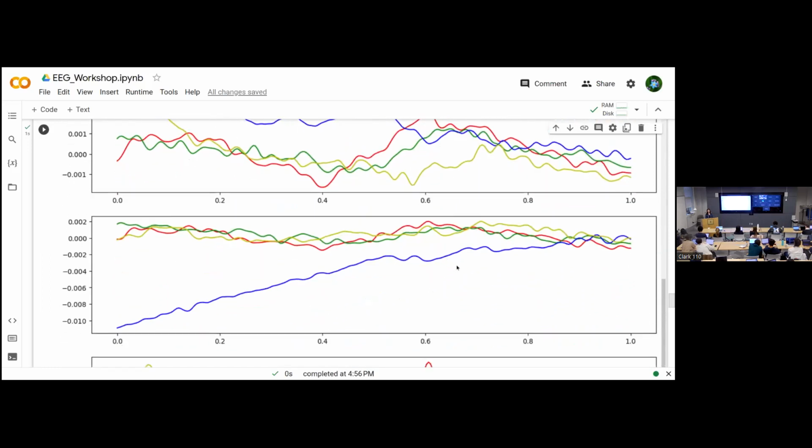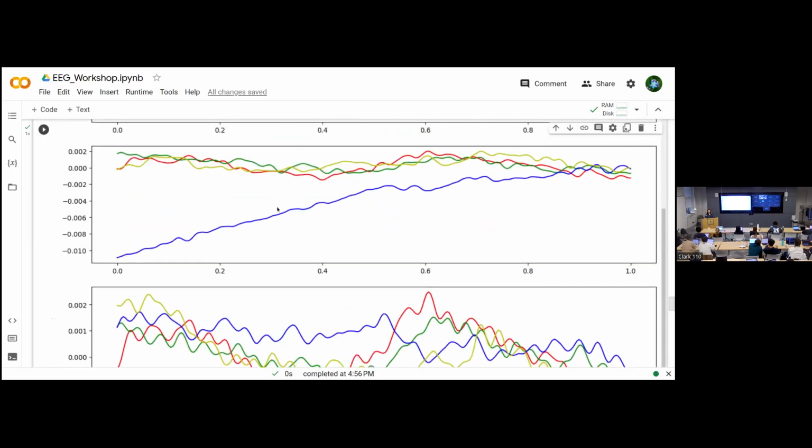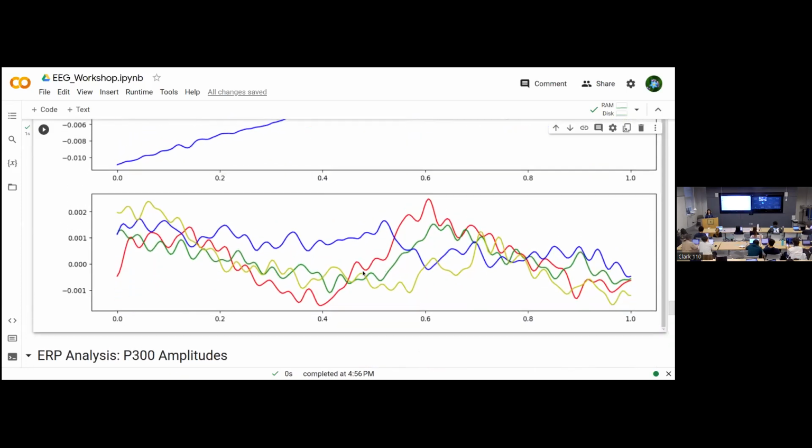You can also see in this channel, channel 7, which is in the back of the head, in the occipital region, where I said we process visual stimulus, so it's reasonable that we expect a differentiation between this card and the other cards in this channel, because it's in the back of the head where you're visualizing the different stimulus.